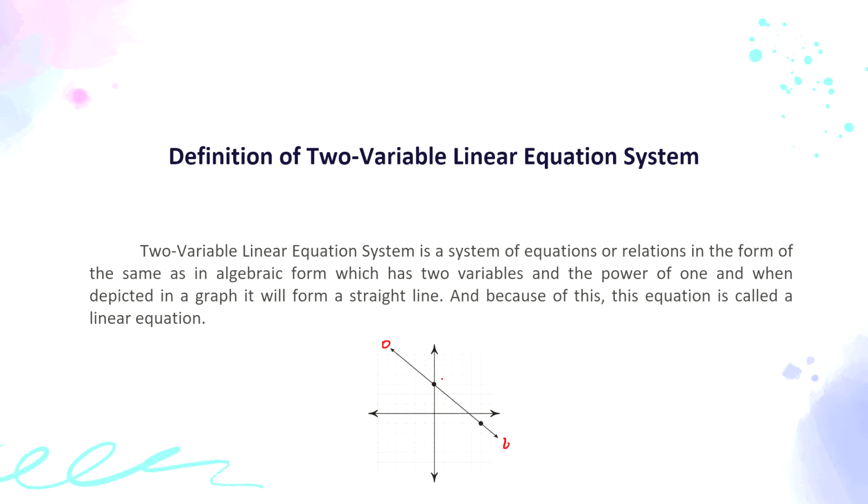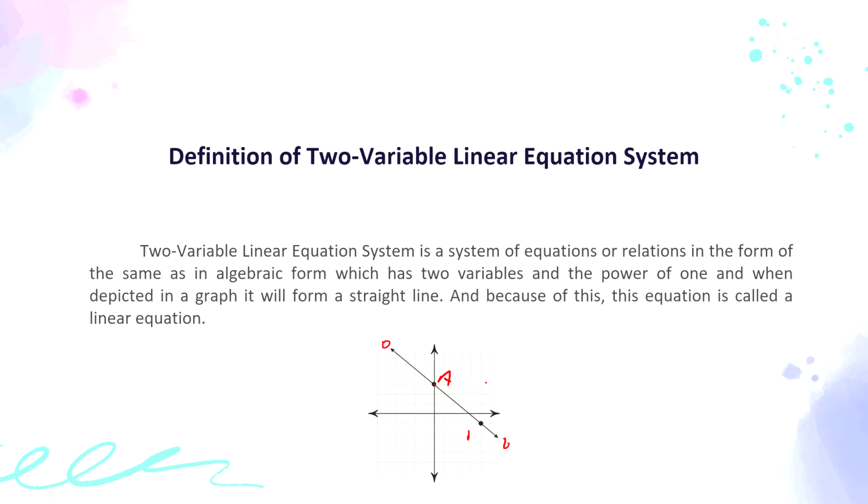We can say this is point A and this is point B. If we connect point A to point B, it will create a straight line like this. Because of this, the equation is called a linear equation.